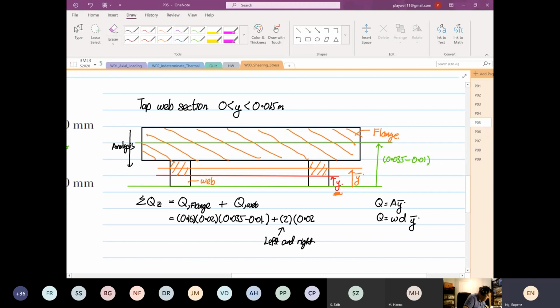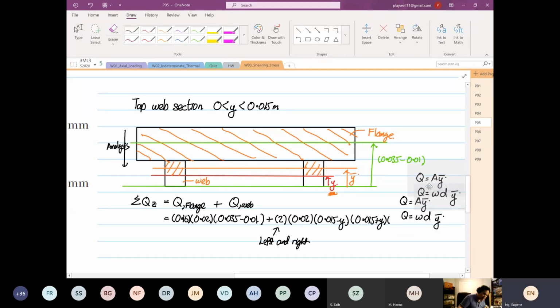And then the depth is equal to 0.015 minus y. So this is the area, yes or no? And then the y bar is equal to 0.015 plus y multiplied by 0.5.